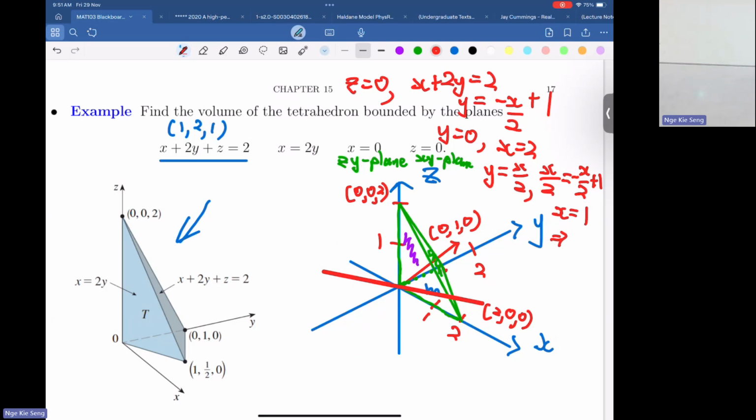When x equals 1, y equals half. So that is exactly what we computed. Can you see or not? This is kind of important, how to get this intersection, how to see a line and plane intersect. It's kind of important in this course.